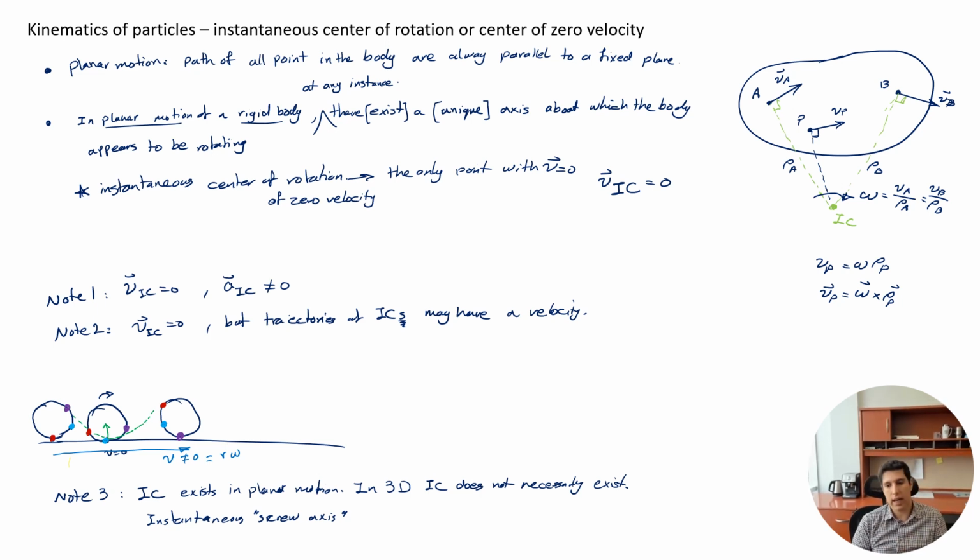A screw axis is an axis that the body rotates about and at the same time moves along in that direction. You can think of a screw that is rotating and moving up. So you cannot find any point on that body that has zero velocity, but the points along the axis have velocities strictly in the same direction as the screw axis.